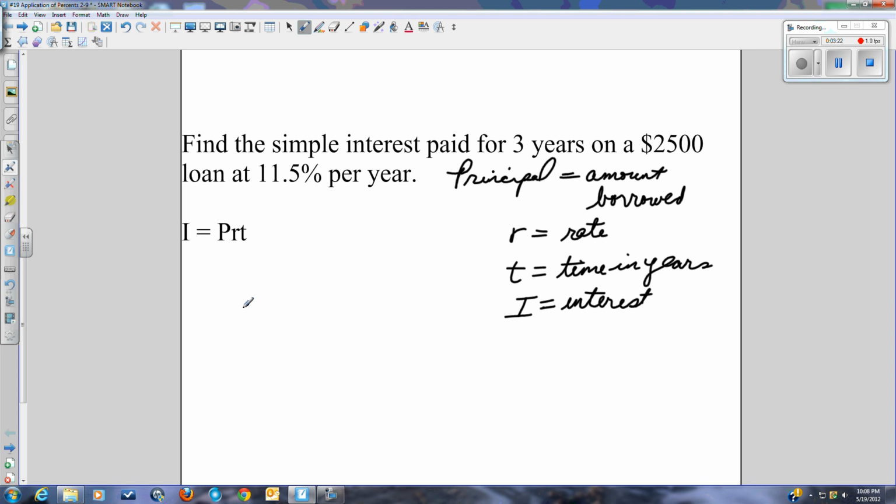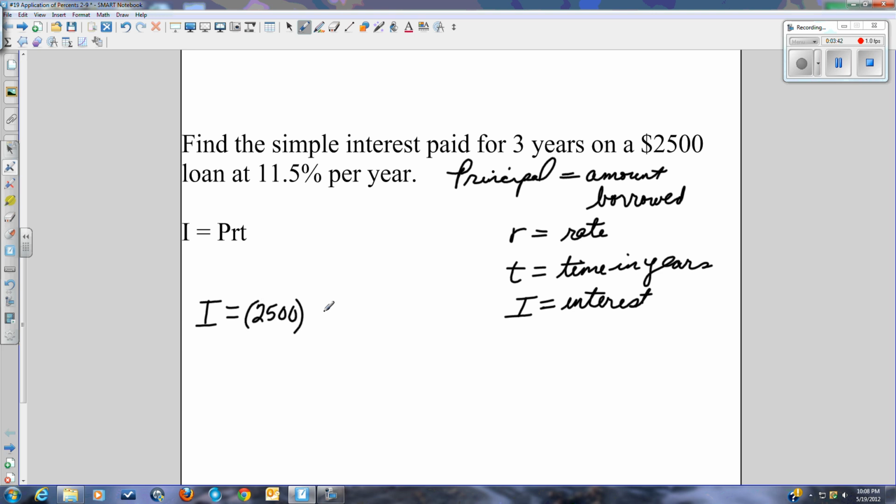So let's see how much you have to pay in interest for 3 years on a $2,500 loan at 11.5% per year. So let's plug our numbers right into this formula. We're looking for I. The principal, the amount that you borrow, is $2,500.